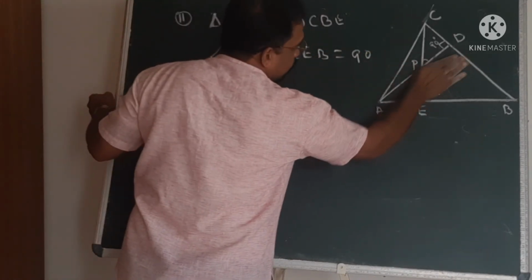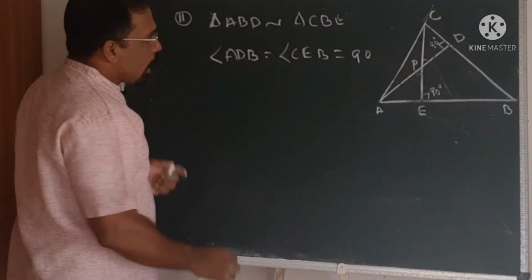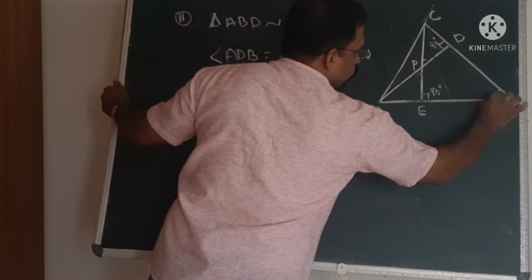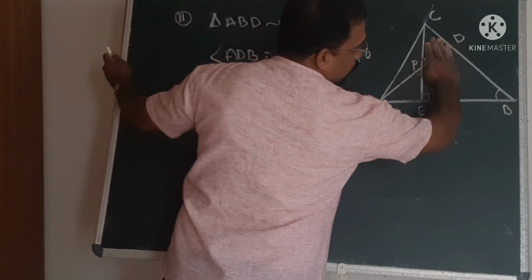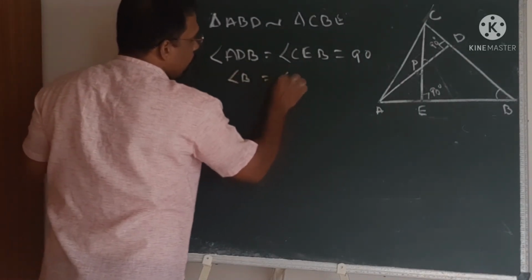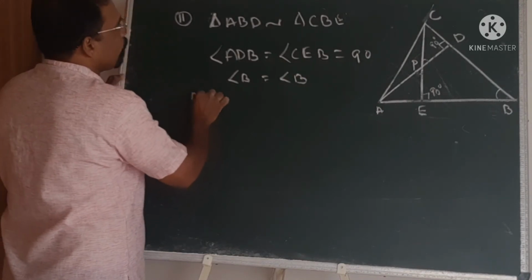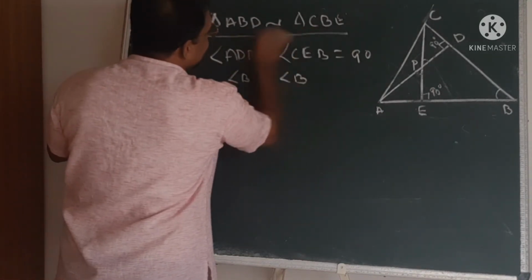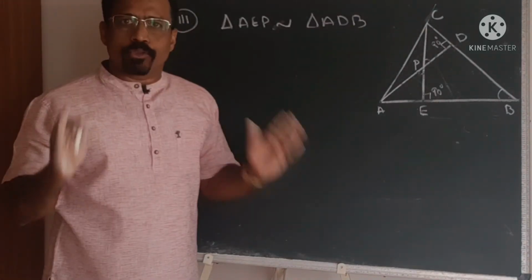This angle is equal to this angle, that is already given. Angle B is common in both the cases. You see this triangle and this triangle. This angle B is common. Therefore, according to AA criteria, we can write that triangle ABD is similar to triangle CBE.